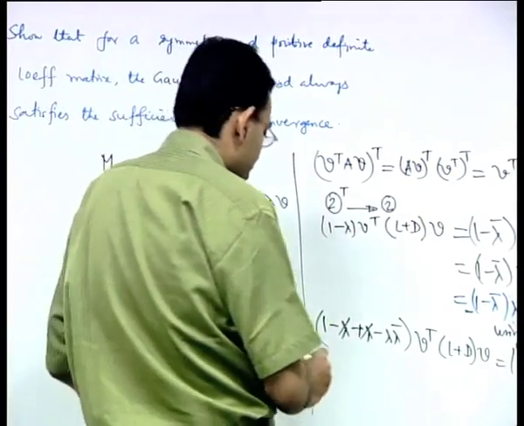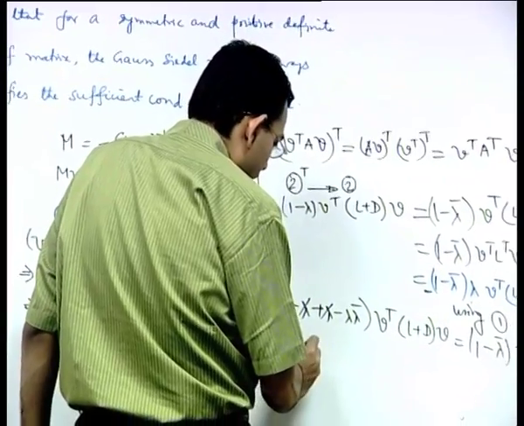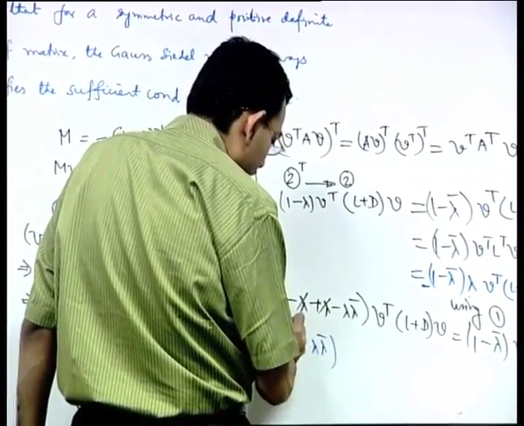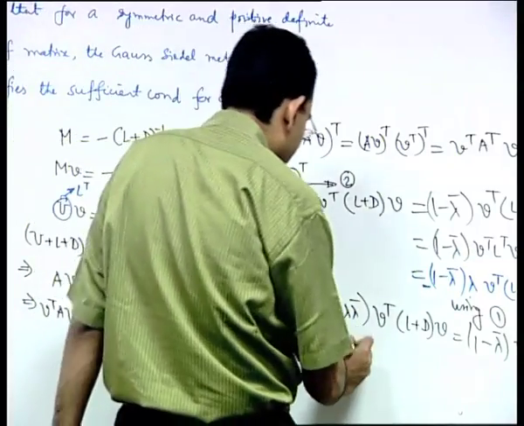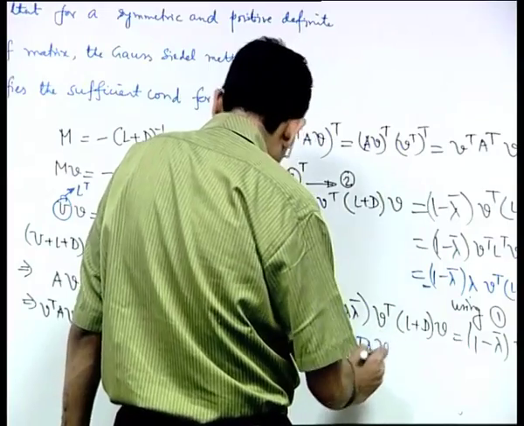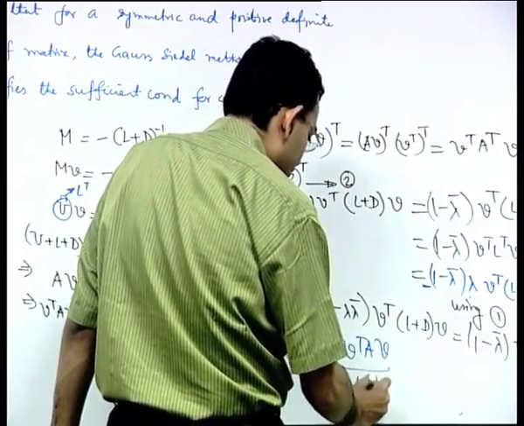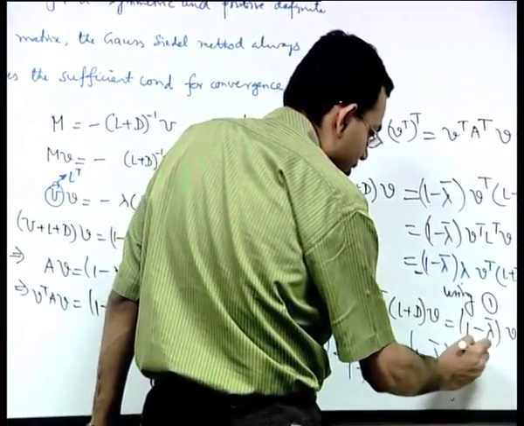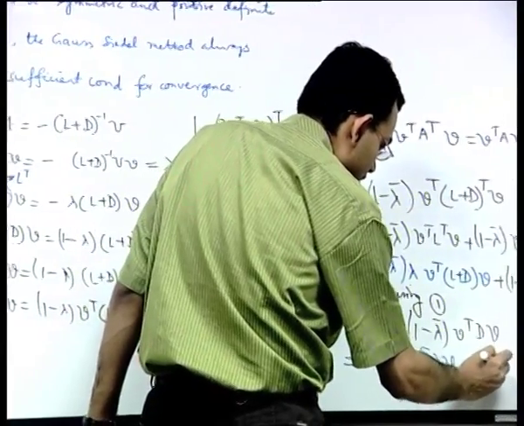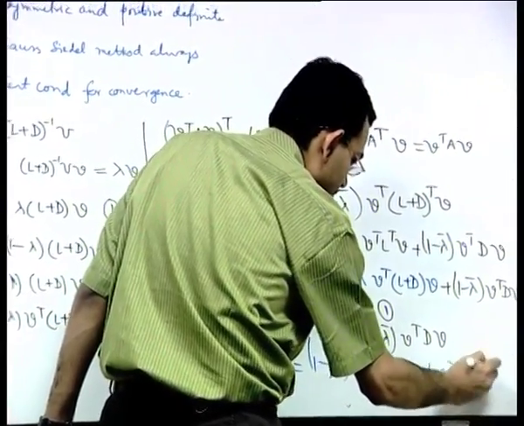So we can write, in place of V transpose (L plus U)V, (1 minus lambda) into lambda bar... it is V transpose AV by 1 minus lambda is equal to (1 minus lambda bar) V transpose DV. This is using 1, sorry, using 2.